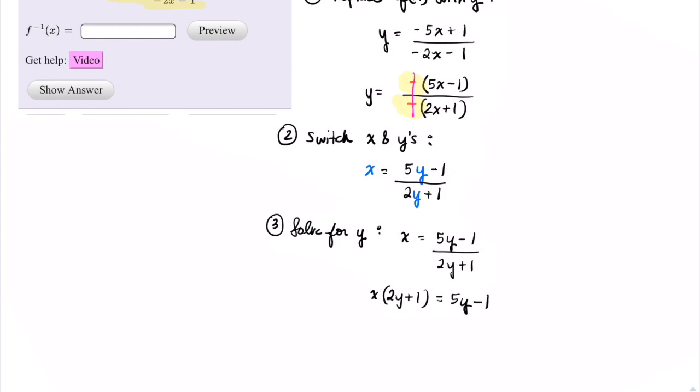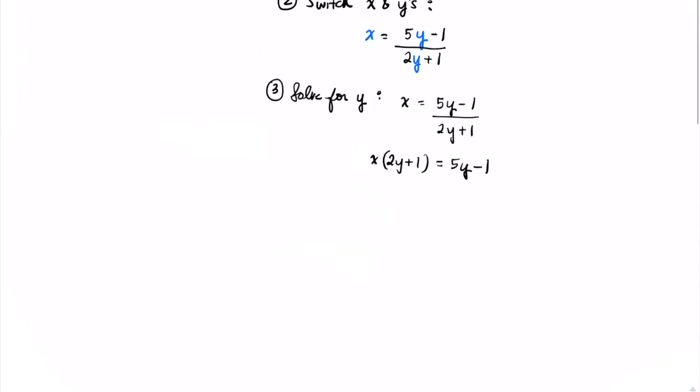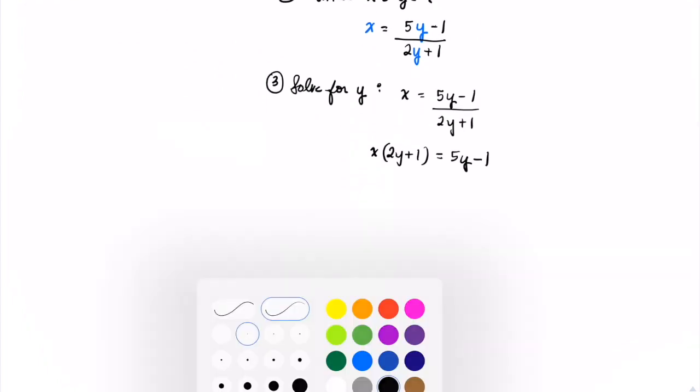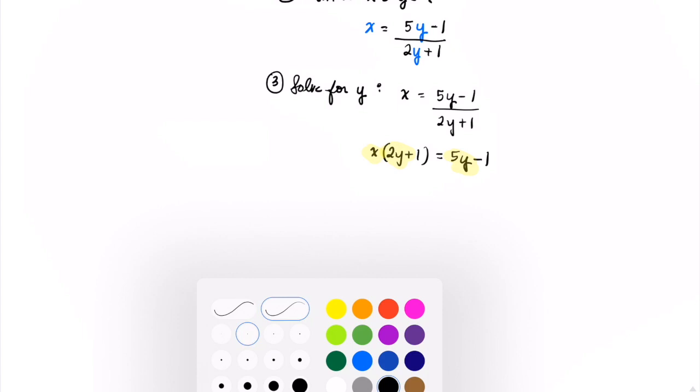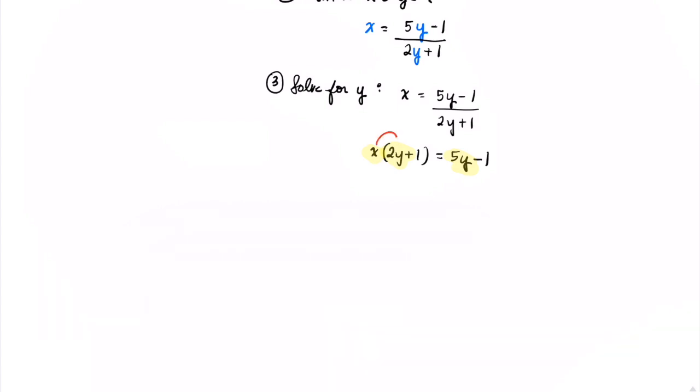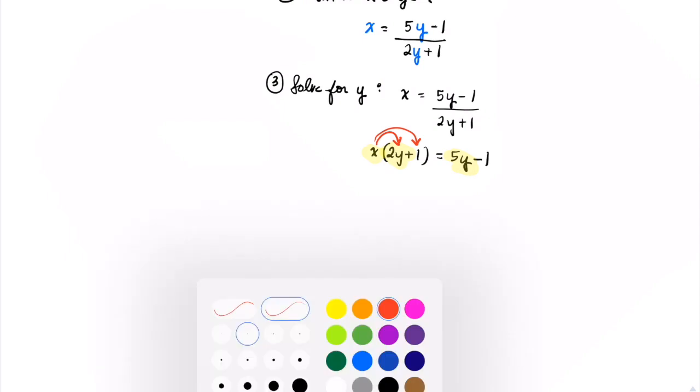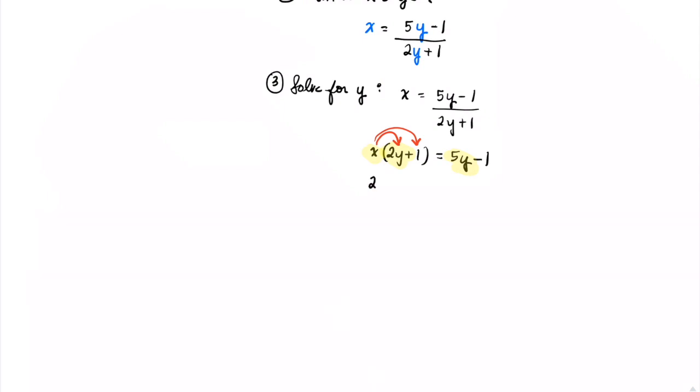At this point, this is where students tend to find it challenging because they see y's on both sides and they have this x here, and really do your thing, right? So I will distribute x on this left side to get 2xy plus x equals 5y minus 1.